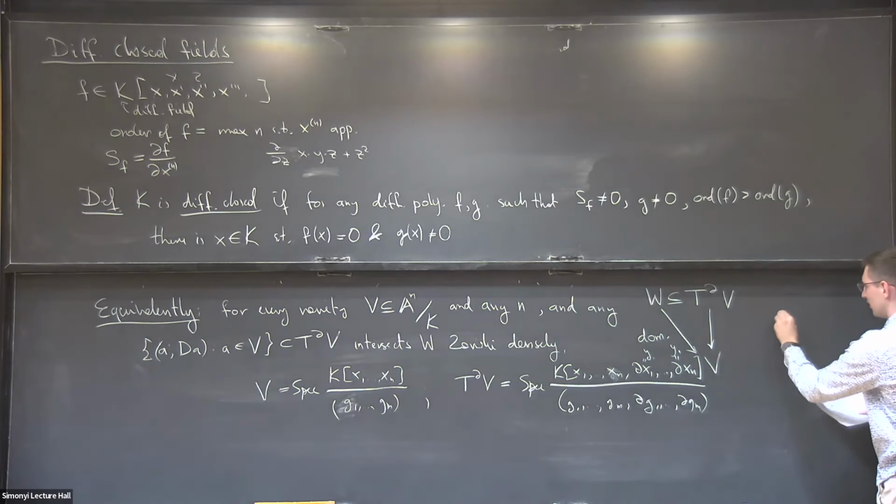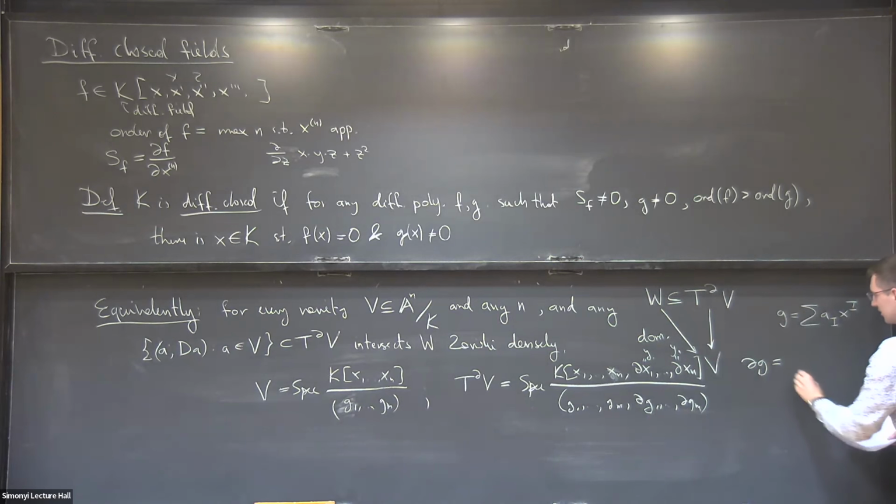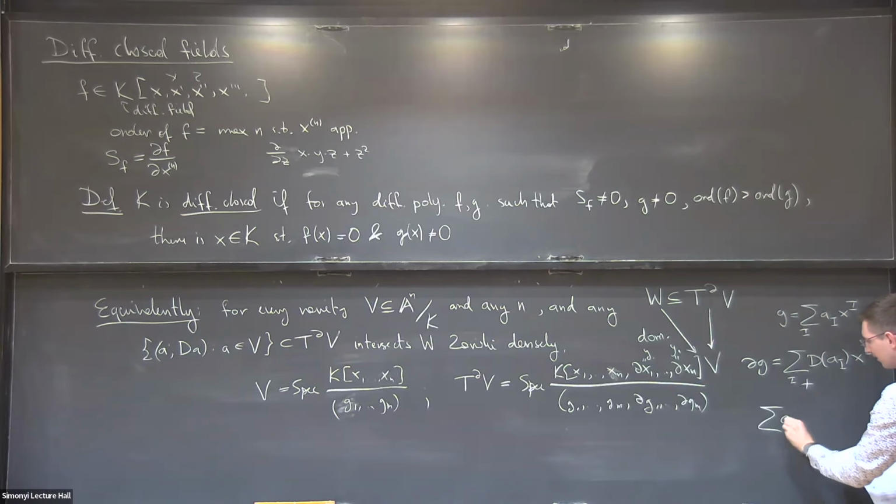Where if g is the sum of a_i x^i, then del g is, and here I do use the derivative on K. So here I have the sum of the derivative on K of a_i times x^i plus the sum of a_i times the derivative of x^i. And this I write inductively until I get to these guys.